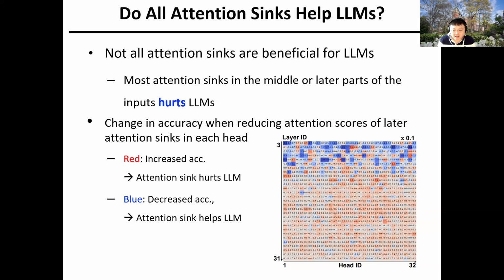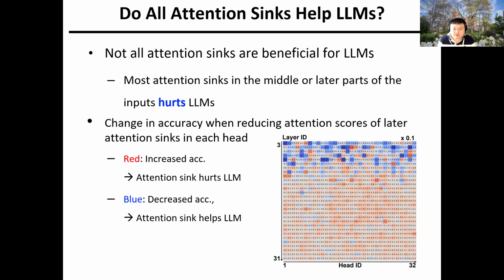In this figure, the x-axis is the head ID, the y-axis is the layer ID, and elements with a warmer color indicate a higher accuracy improvement after removing the excessive attention values at some specific attention sink, and elements with a colder color indicate a larger accuracy drop after we remove the attention sink in later tokens.